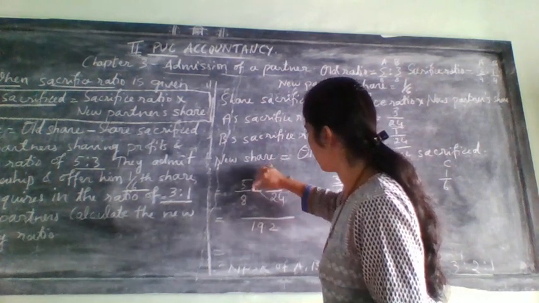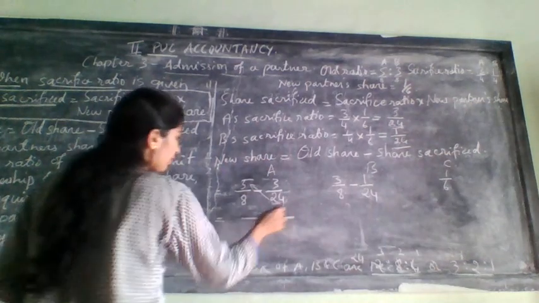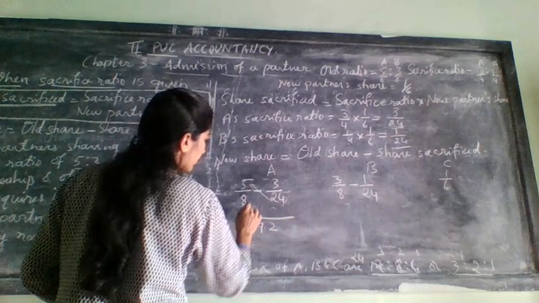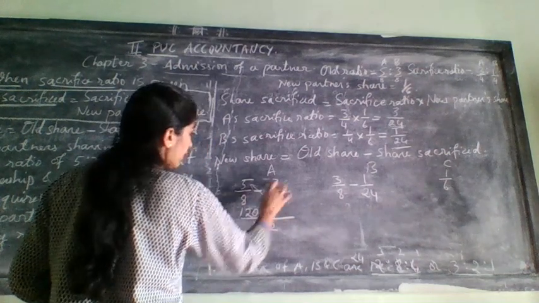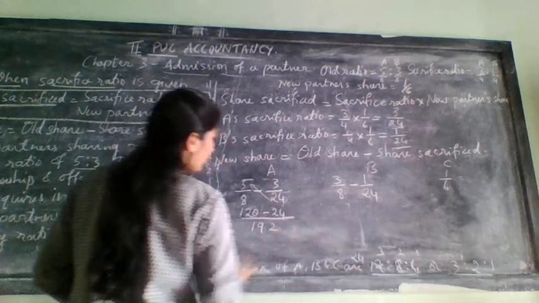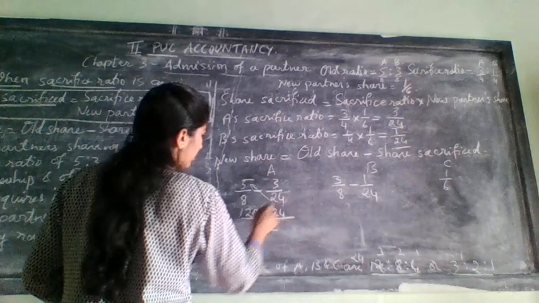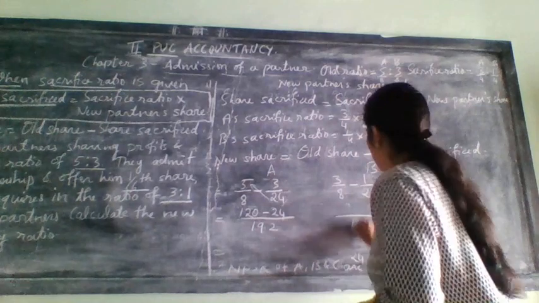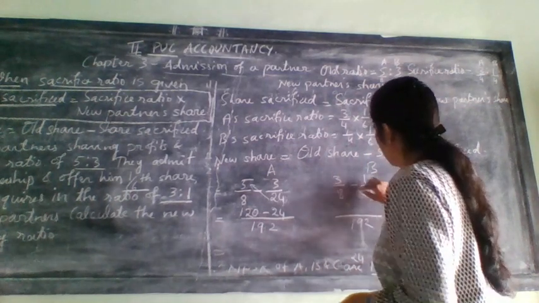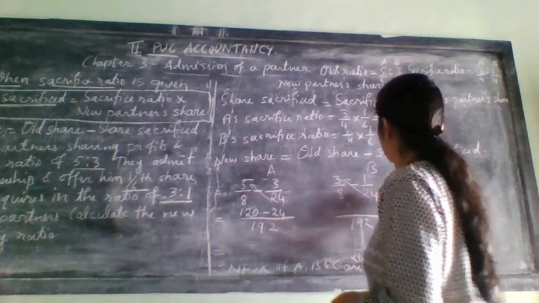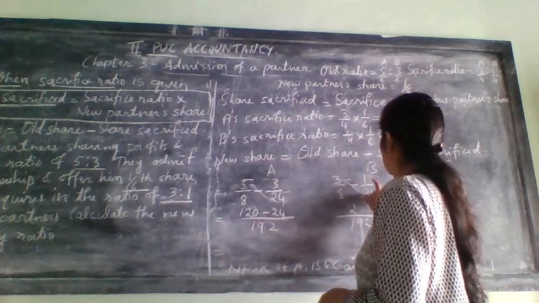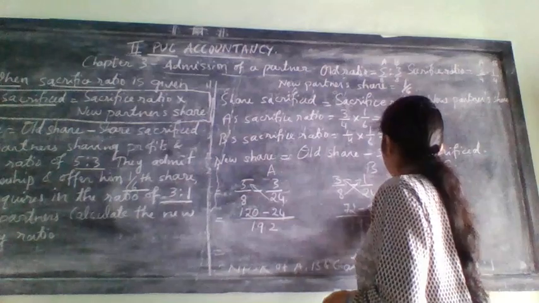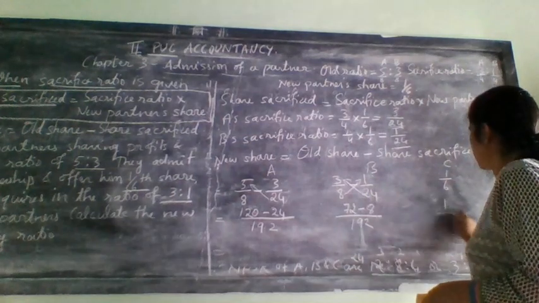Next, 24 into 5, right to left, 120, 24. Here, again you can take 192, cross multiplication. Here 1/6.